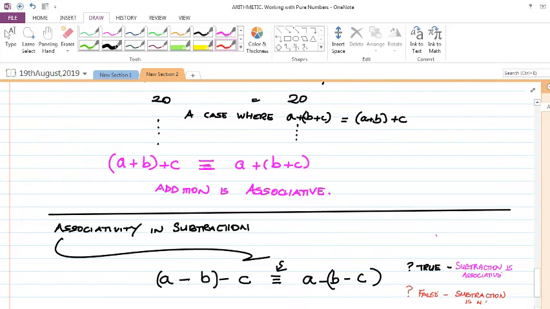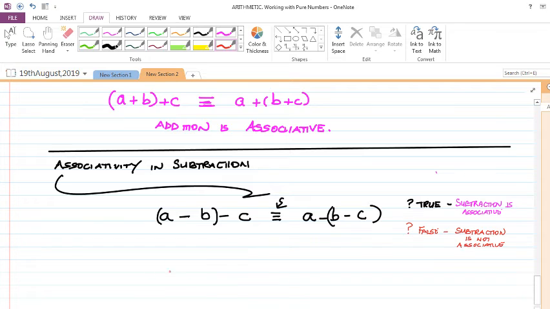If, however, this turns out to be false, so let's try the numbers. Let's try some numbers. Let's say we get one example, 10 take away 3 take away 5. That's your A, your B, and your C, and I want to see whether it is equal to 10 take away 3 take away 5.